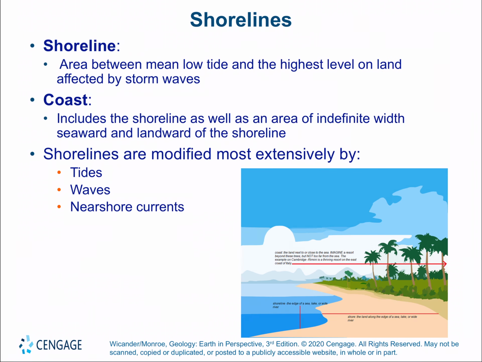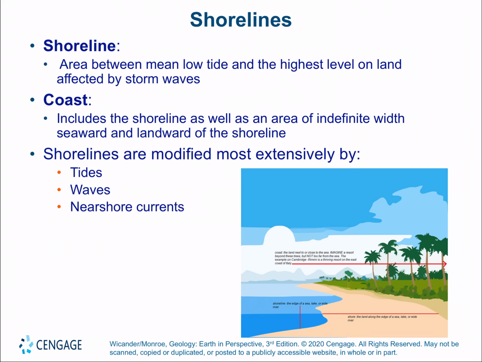Now, like we mentioned before, the shoreline is the area between mean low tide and the highest level on land affected by your storm waves. Your coast is going to include the shoreline as well as an area of infinite width seaward and landward of the shoreline.